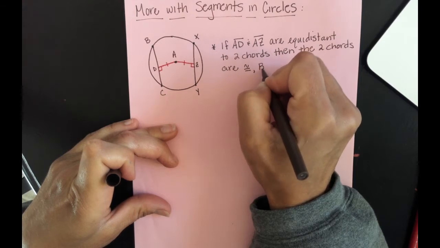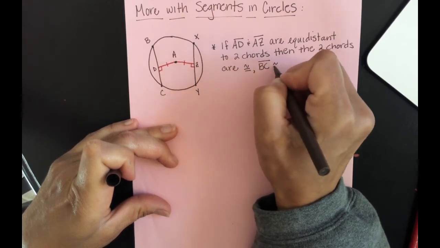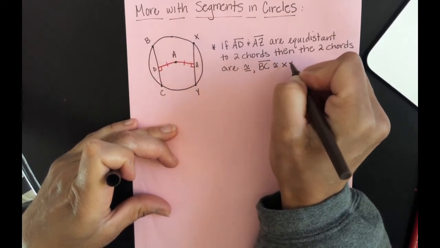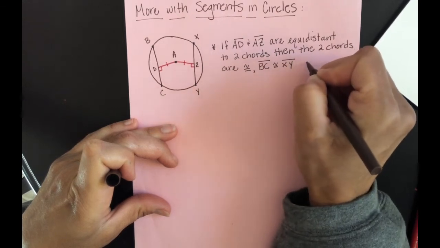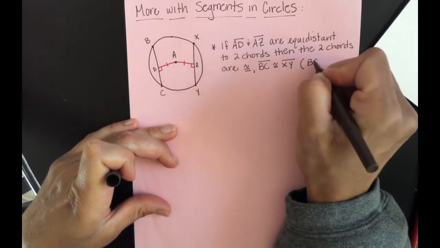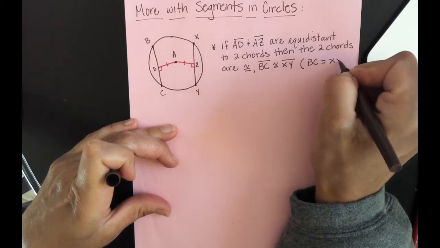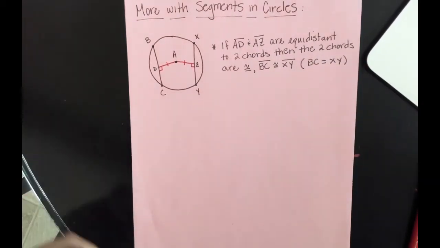So what that would mean is BC would be the same as XY, or the length of BC would equal the length of XY.